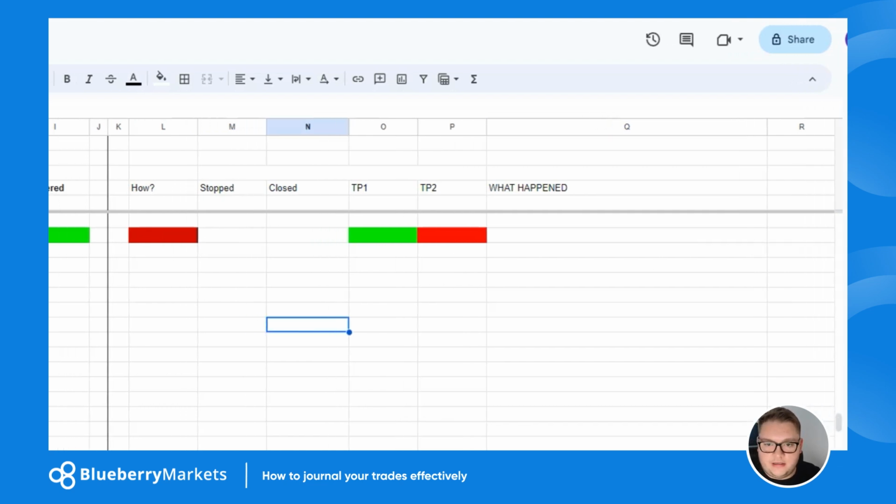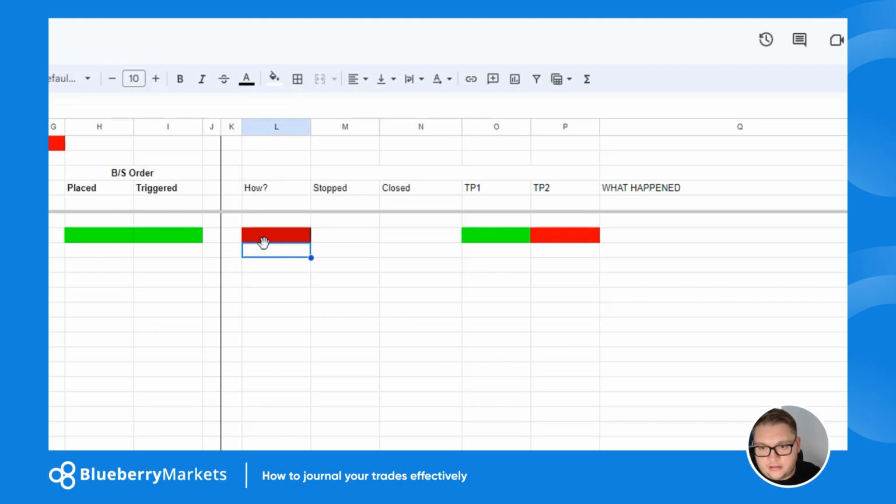So let's say this is completely different now. Let's say I've triggered, I've come off the low, and instead of being stopped, I've closed it. So let's say I've closed the position, and I'll say something like +5 pips. The reason why I am putting this is because I've closed my position out.